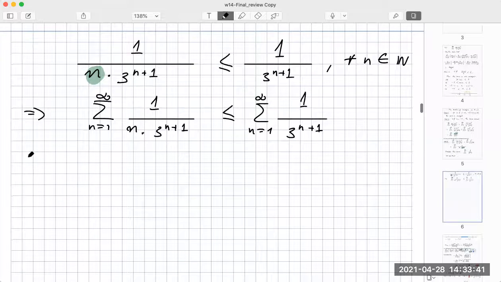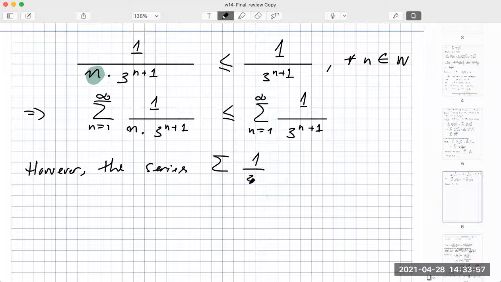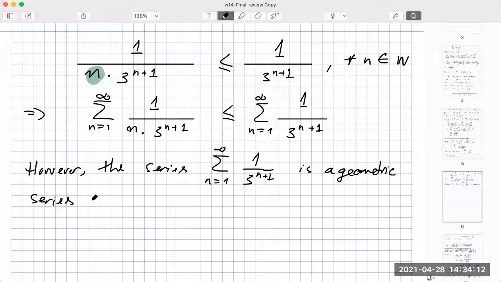This one, however, the series 1 over 3 to the n plus 1 here is a geometric series with ratio r equal to 1/3.